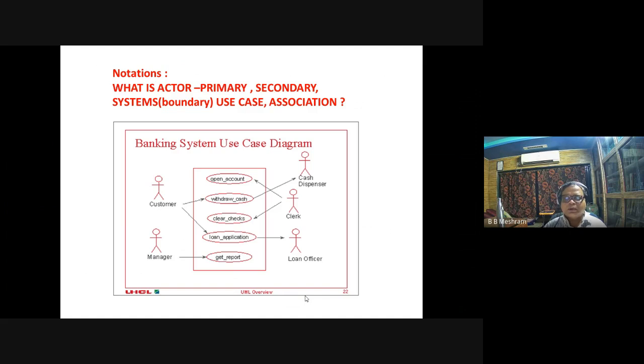However, these concepts are not provided in the UML. Ivar Jacobson has used the terminology primary actor and secondary actor in his book Use Case Driven Approach.